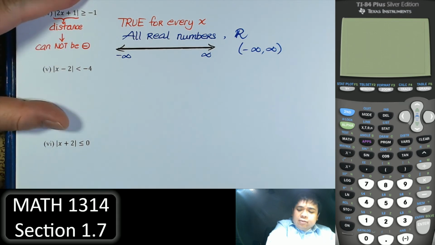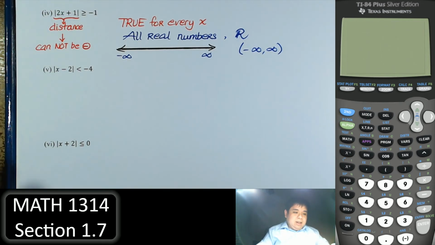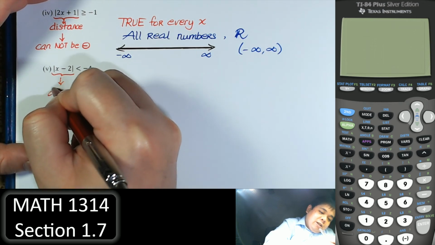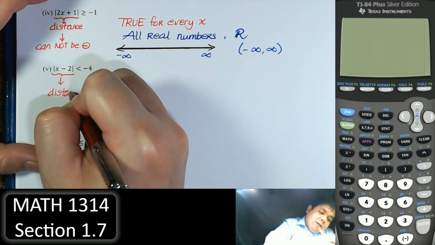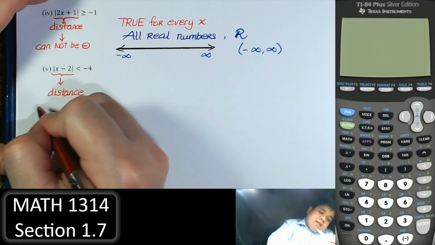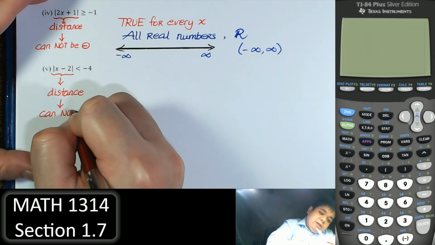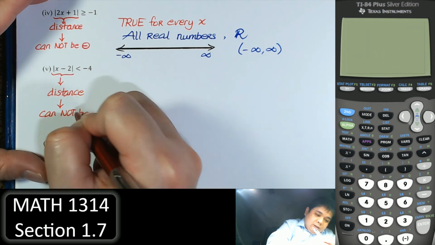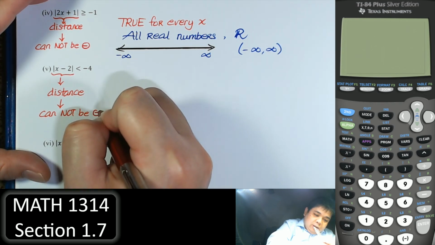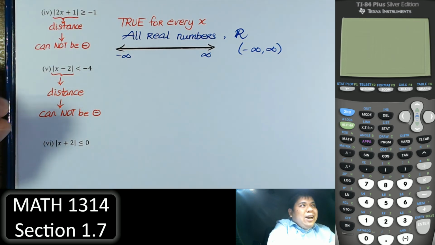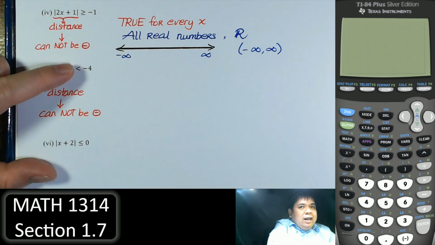Right. Likewise, once again, absolute value is a distance, and the distance cannot be negative. And so we have a number that cannot be negative, less than negative 4.